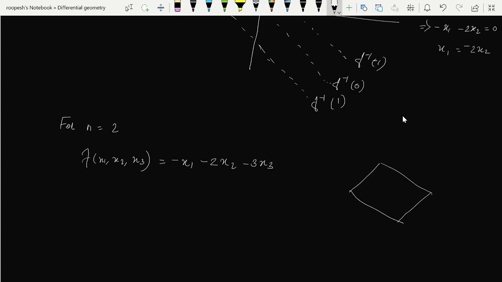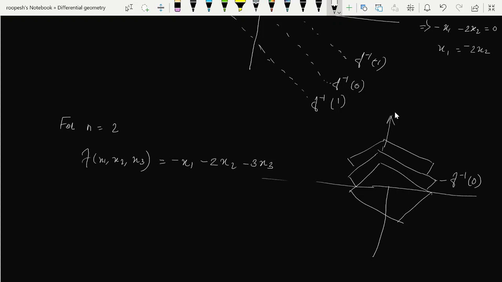Now another parallel plane will come somewhere here. It may come something like this. Then we will get another parallel plane. So like this, so many planes we will get, right? Now this should be your f inverse of 0.